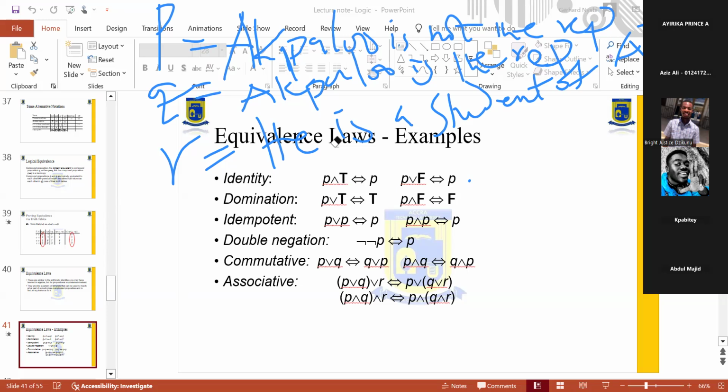Okay, so let's form the first one. Akpalu is not the class rep, or Akpalu is the class rep, then he is a student of ATU.